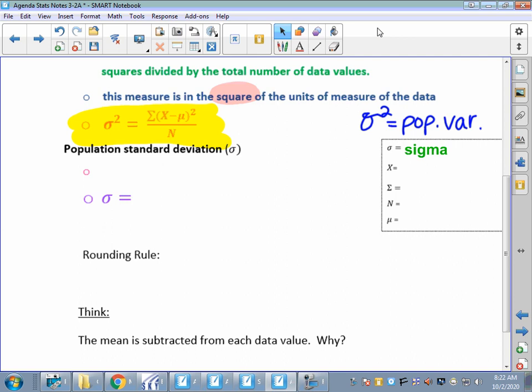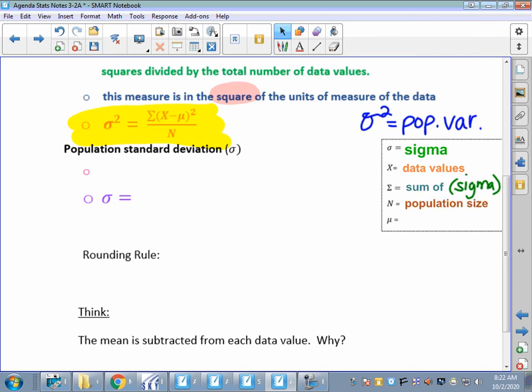We all know we got the x part down, right? X is our data values. So each one of our data values, I gave you some data values with the paint stuff. We all know that the sigma means sum of. Don't forget this is also sigma. You'll recognize them. The more you work with them, the easier they get.